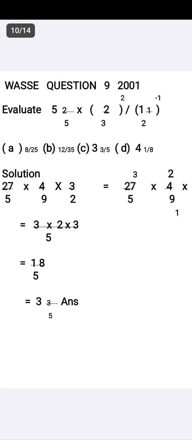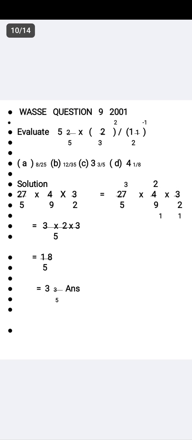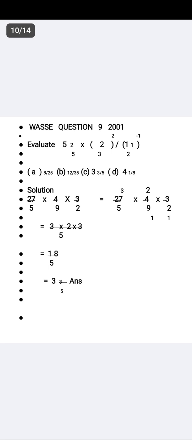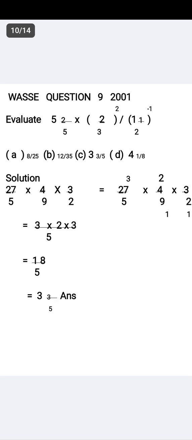Now this is WAEC question 9, 2001. The same thing, the same fraction operation. And what are we doing here? The question says evaluate 5 whole number 2 over 5 times bracket 2 over 3 raised to power 2.